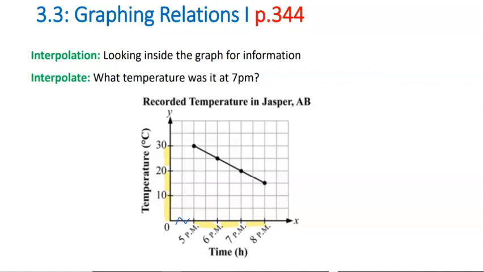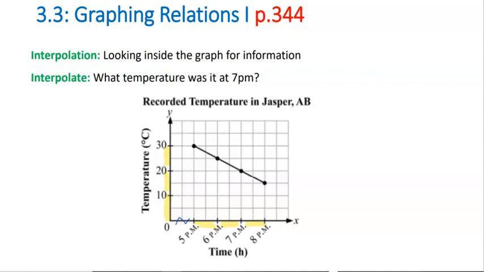Now this is a graph very similar to the one that you may have graphed, but of course we can graph things differently. They chose to go up by tens on the temperature or y-axis. And if we interpolate, if we look inside the graph for information, we can find information without having to do any kind of calculations.